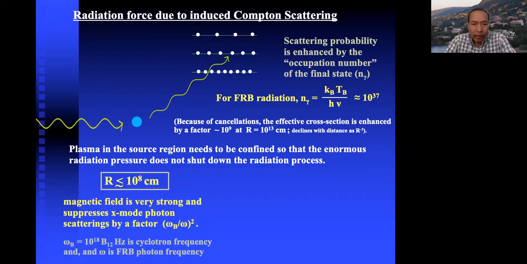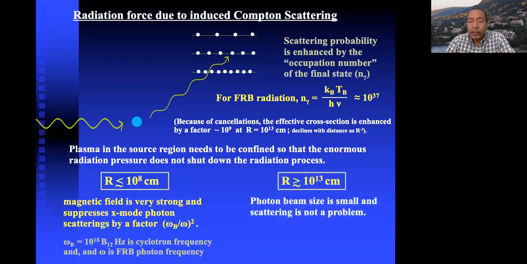That can be done in the close vicinity of the neutron star or the magnetar, at a distance of less than about 1,000 kilometers, where the magnetic field is very strong and suppresses the scattering cross-section by a factor of the cyclotron frequency to the radio wave frequency squared. So that's one way the plasma producing the radio waves can be confined for a millisecond or a few milliseconds to produce this strong radiation.